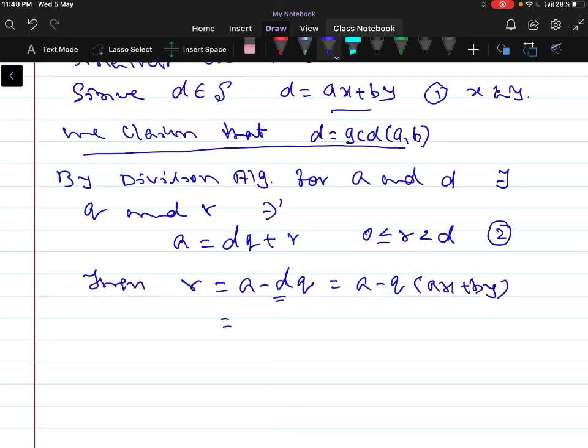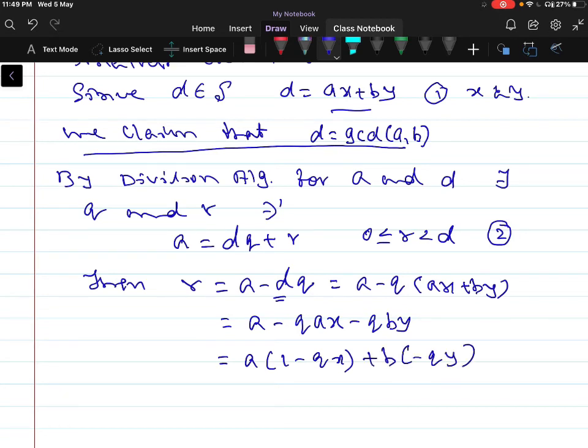So this is equal to a minus q into ax minus q into by. This can be written as a is common in the first two terms, 1 minus q into x plus b into minus q into y.